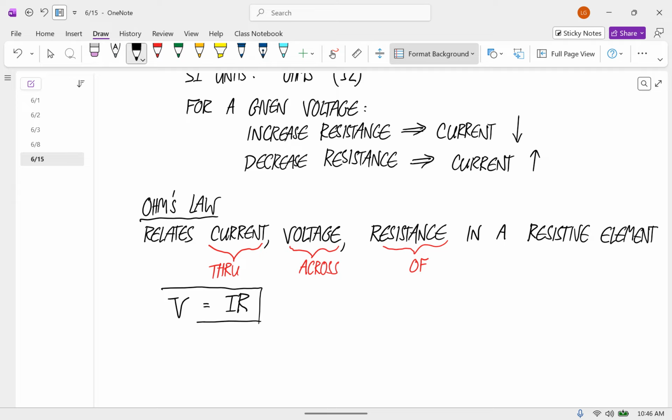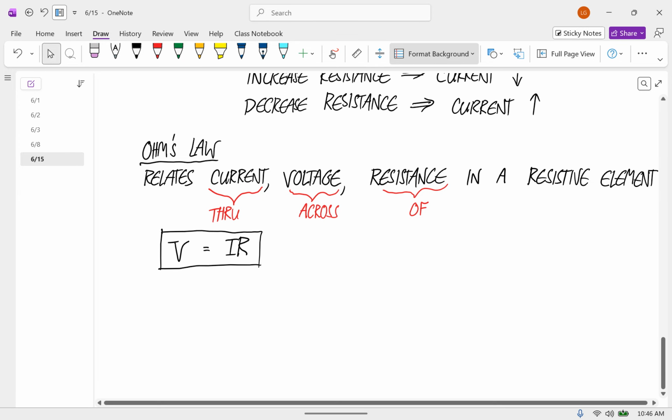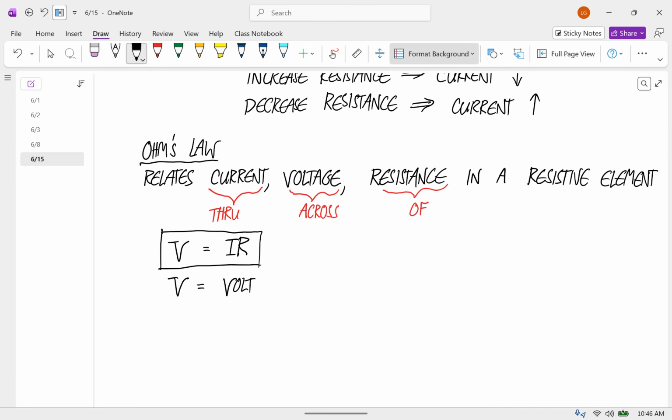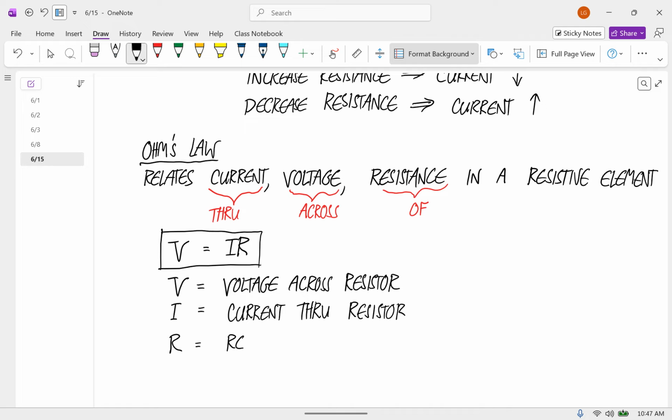That mathematical equation is always going to hold, where V is the voltage across the resistor, I is the current through the resistor, and R is the resistance of the resistor.